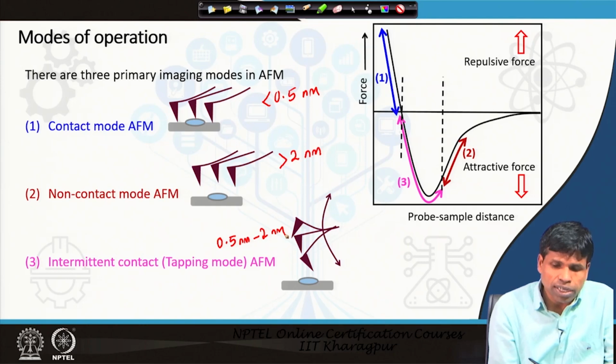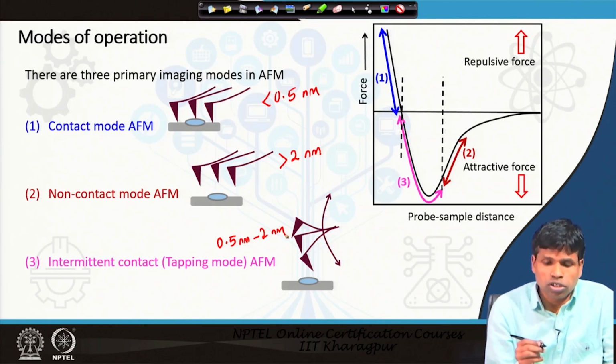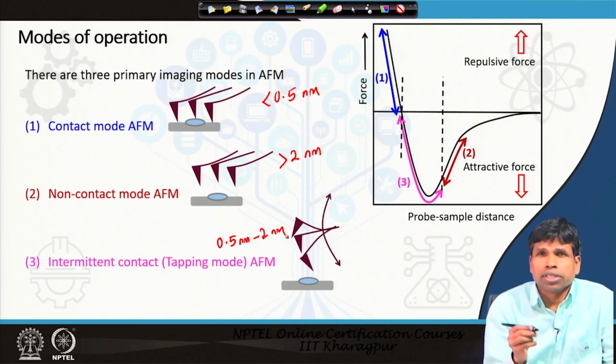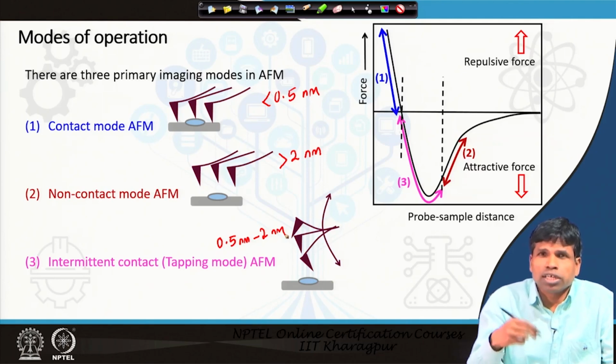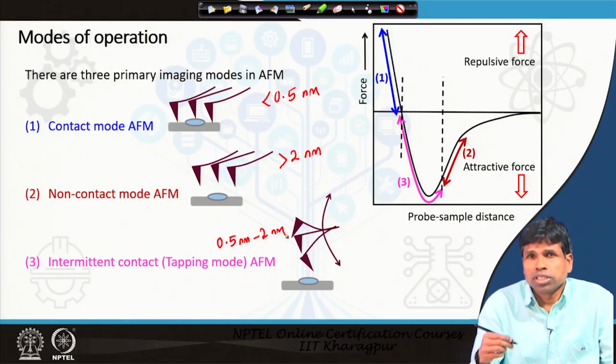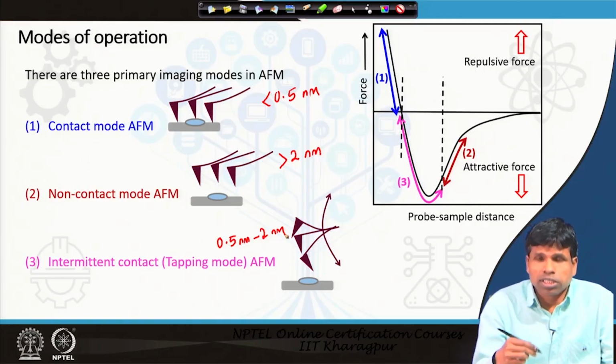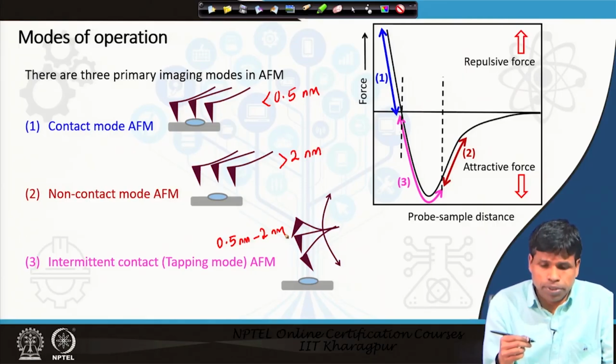In the non-contact mode, the tip stays much farther from the sample surface, and therefore it cannot damage the sample. Non-contact mode is mostly operated in a dynamic mode. That means the probe is oscillated above the sample surface, and then we measure the frequency shift, or the change in the oscillations of the cantilever and tip.